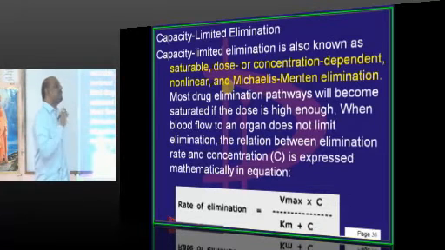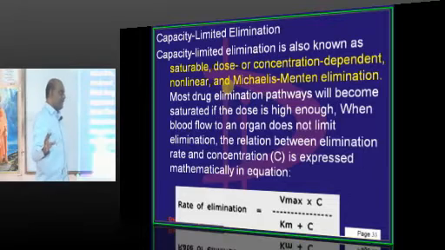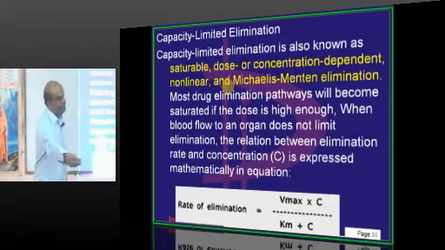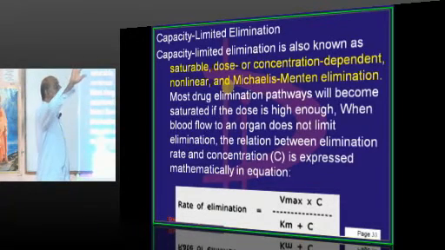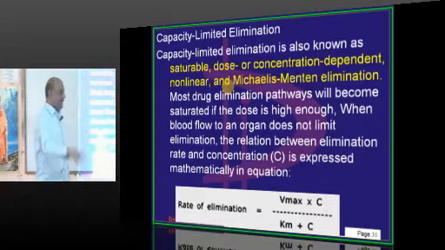If the drug elimination is dependent on a certain set of enzymes in a given organ. If it doesn't depend on the enzymes, simply if the blood flow goes to that particular organ and the elimination occurs, then it is not a capacity limited elimination.